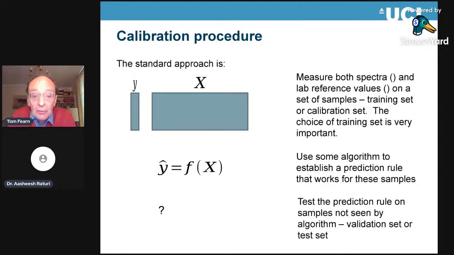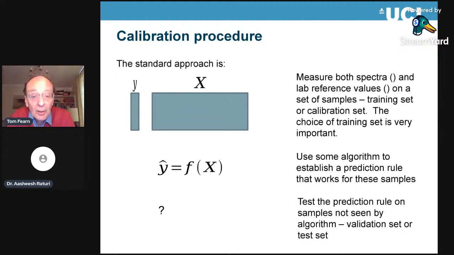And then it's really quite important to test the prediction rule on some samples that weren't used to train the algorithm. That's because there's typically a lot of spectral data, and it's all too easy to do something called overfitting, which is to come up with a prediction rule that works beautifully well for your training data and then doesn't extrapolate to any other data, because it's modeled not only the signal in the data, but it's modeling the noise as well.